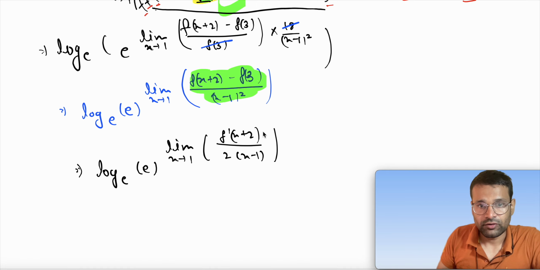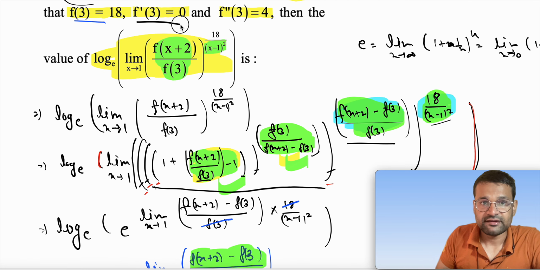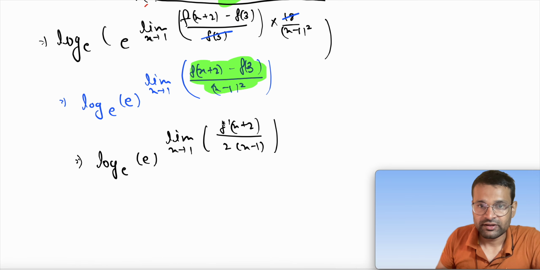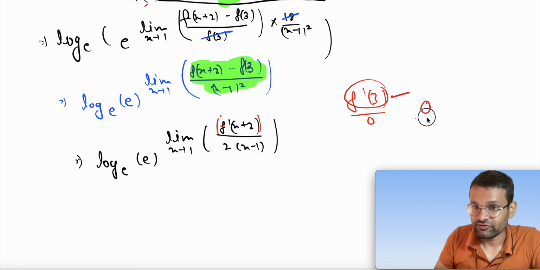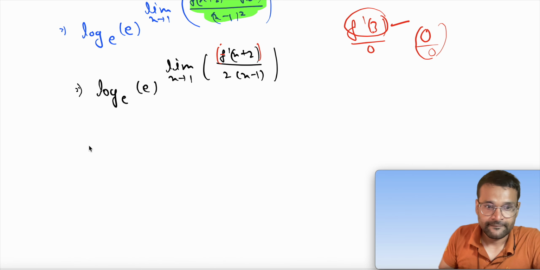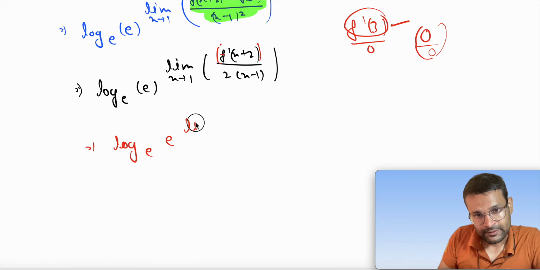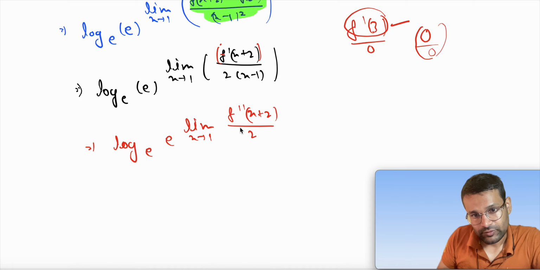Now in the question, f dash 3 value is 0, so again 0 by 0 form, because when we put x equal to 1, f dash 3 upon 0, and here is also 0. So again we apply L'Hospital rule, then we get log base e limit x tends to 1 f double dash x plus 2 by 2.